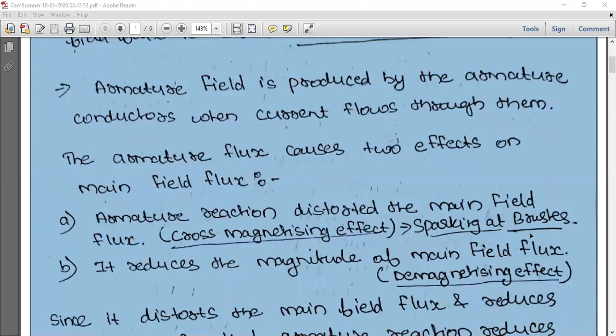Armature reaction distorts the main field flux, and that distortion is what we call the cross magnetizing effect, and this can result in sparking at the brushes. It can also reduce the magnitude of the main field flux, and that we call the demagnetizing effect.